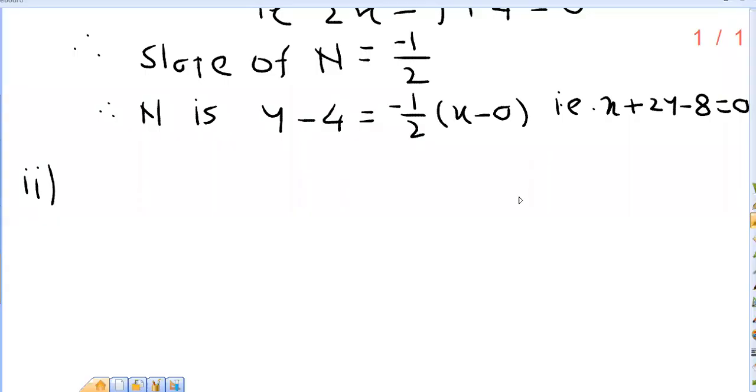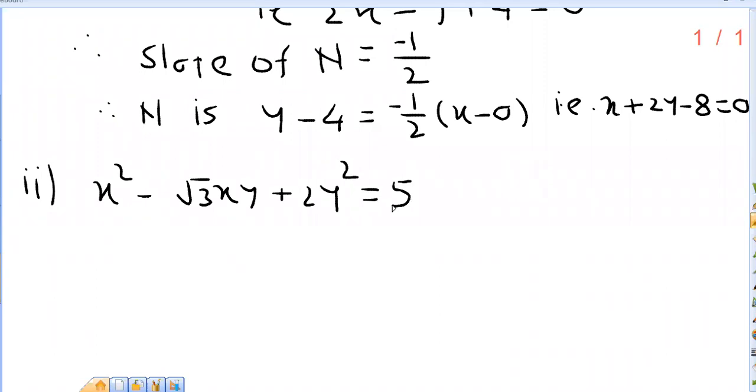So what is the equation? It is x square minus root 3 xy plus 2y square equal to 5. Now tell me the derivative. Differentiate. So 2x, this is an implicit function.